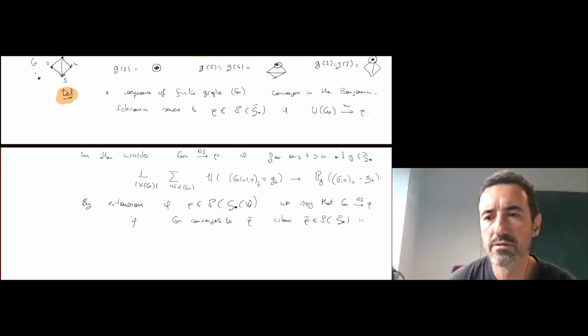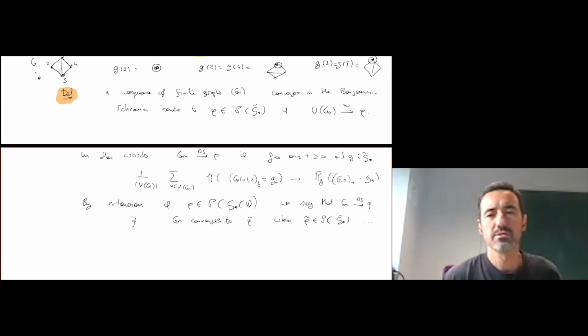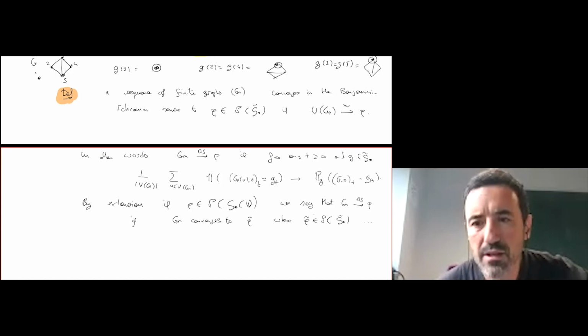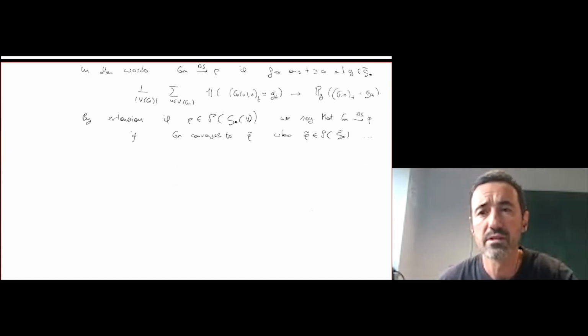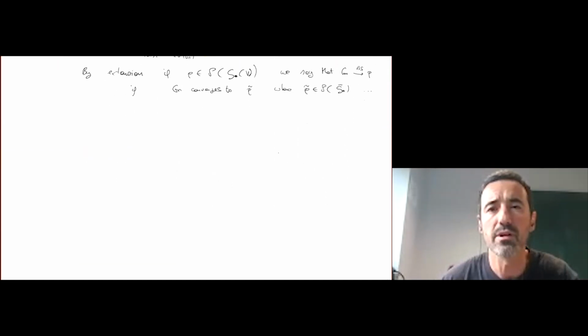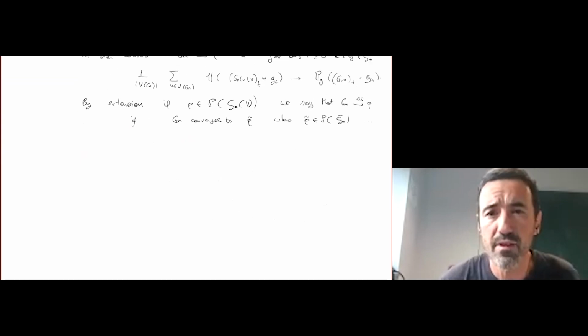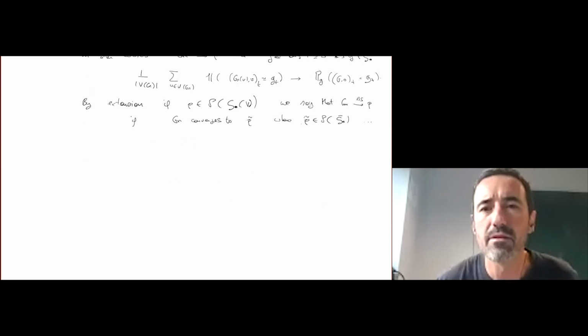It's the law of the equivalence class, the push forward of the measure rho through the equivalence relation.